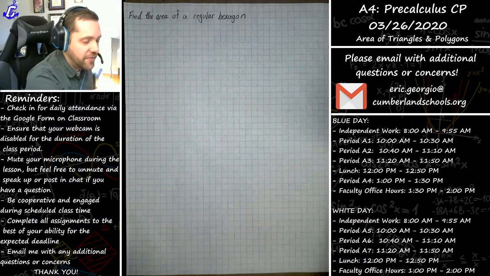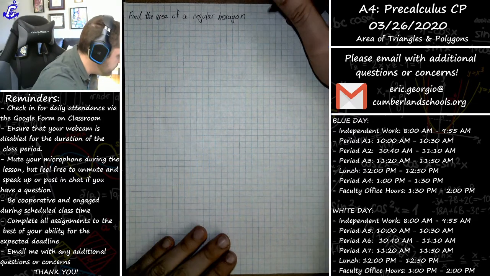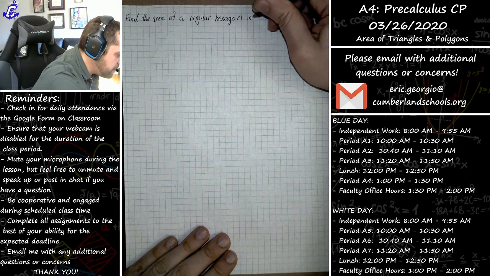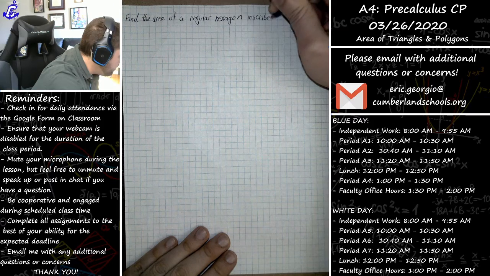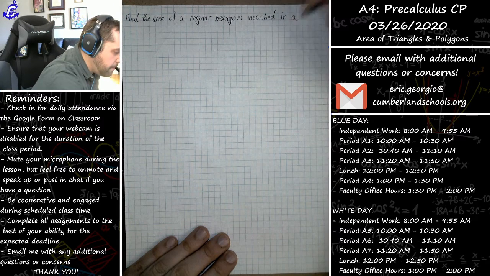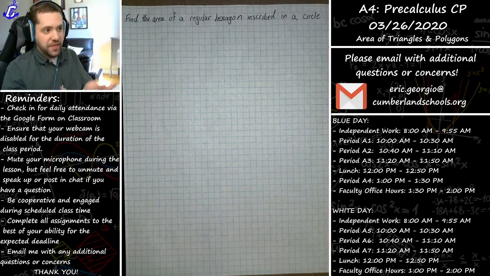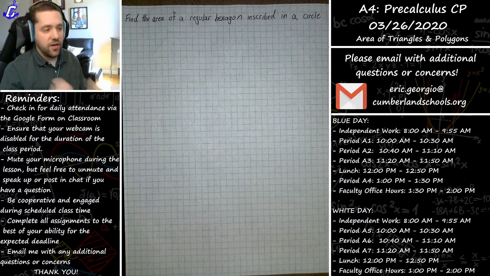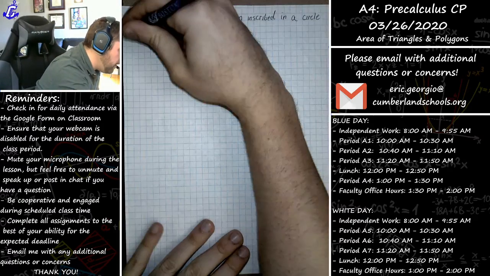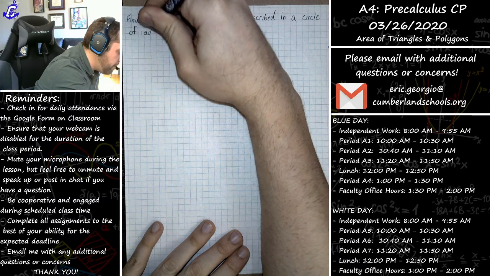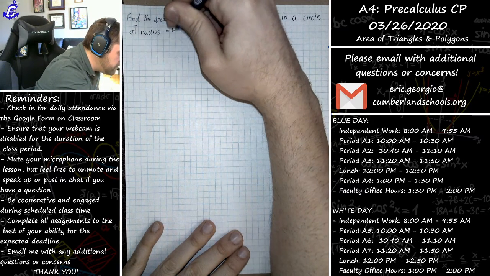So it's a 6-sided figure where all the sides and angles are congruent. Inscribed in a circle. Inscribed just means it's contained within. So if it's contained entirely within a circle of radius equal to 4.